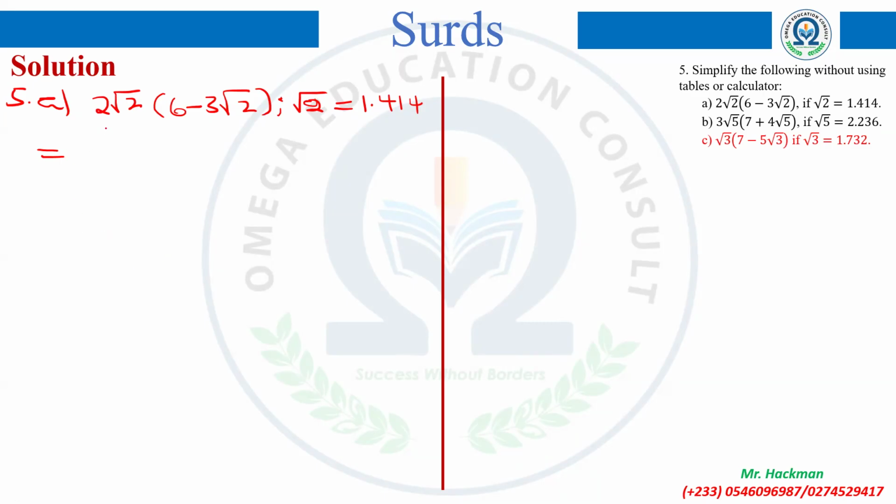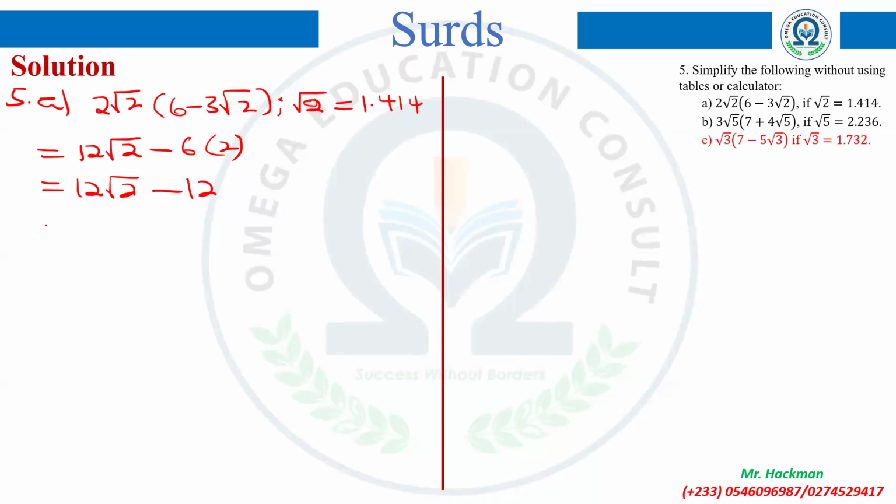So I'm going to expand without substitution. If I expand, this will give me 12 root of 2. Do you agree? Then minus, this will give me 6 times 2. Do you agree? So I will simplify. This gives me 12 root of 2, then minus 12.